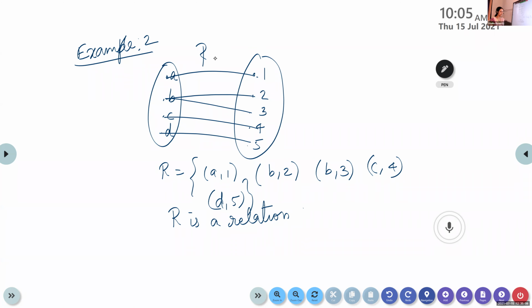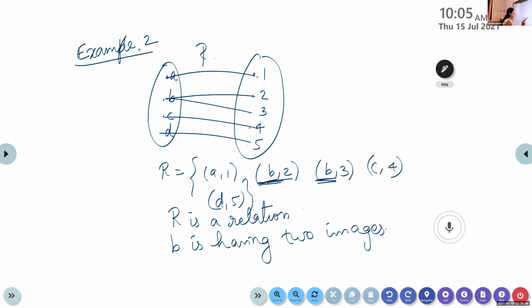Very good. Look here. What is the definition of function, Roseanne? Listen. Every element should have a unique image. Unique means only one image. Here, the element B is having 2 images. That is why, in the relation, the first element B is repeating.